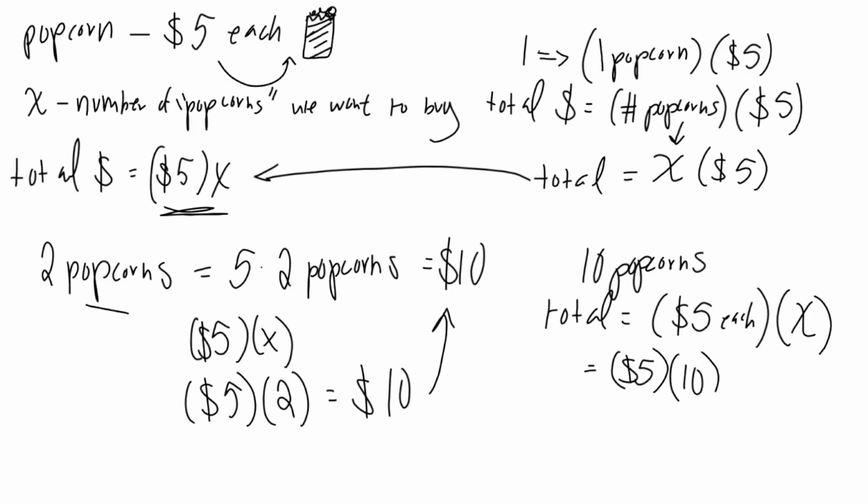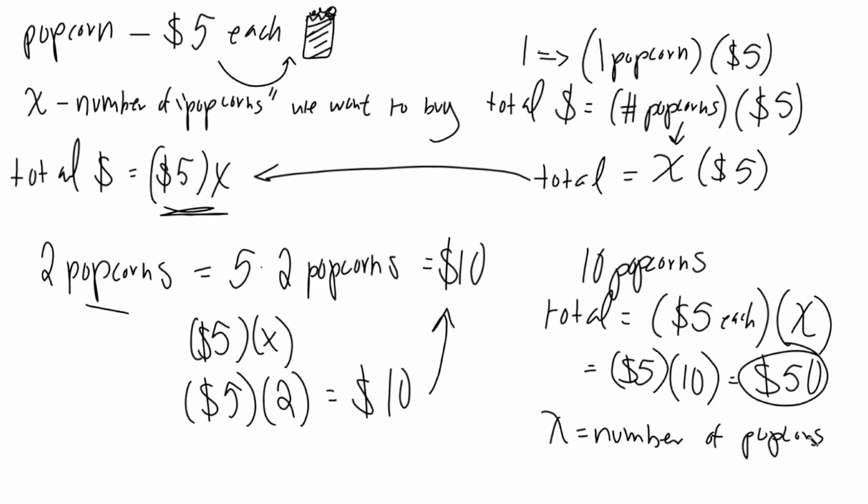Times 10 popcorns. So that brings us to $50. It's very interesting because we can change the variable x, but we can still get the total that we want. So if x is the number of popcorns, we can always change this number, which is what we subbed in for x, and get our total still.